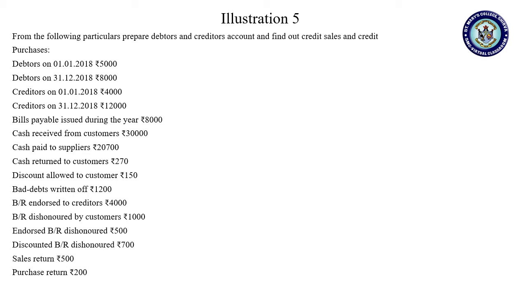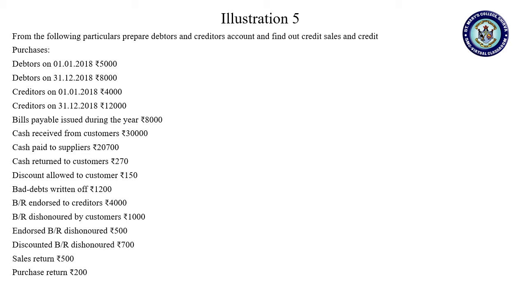In debtors, if any value is decreasing the debtor, you have to record it on the credit side, because the opening balance is written on the debit side. The opening balance is on the opposite side because you are deducting the figure. Creditors you write on the credit side, by balance brought down, so if you are decreasing the value you have to record on the debit side. So the journal entry is creditors account debit to bills payable.